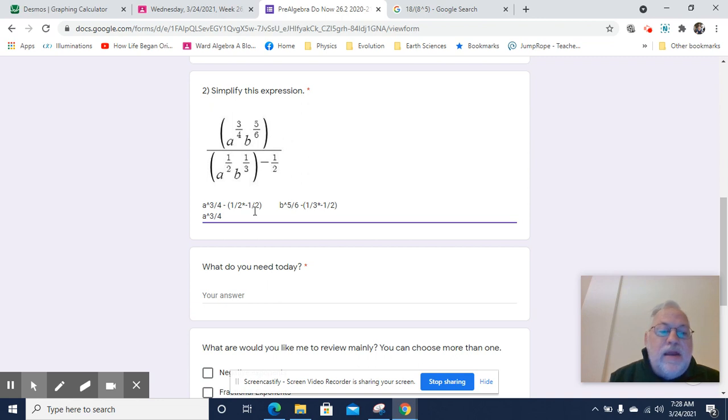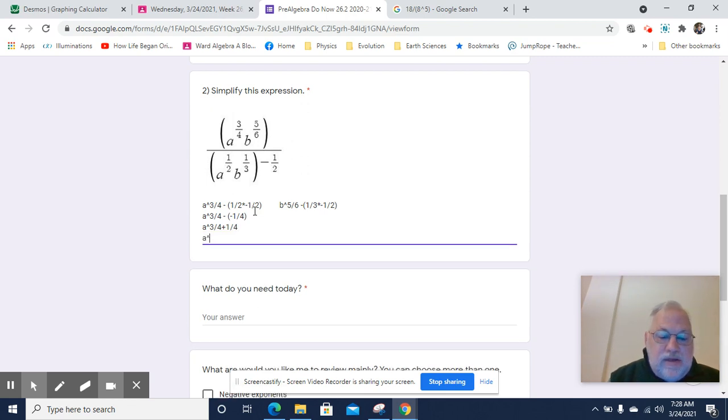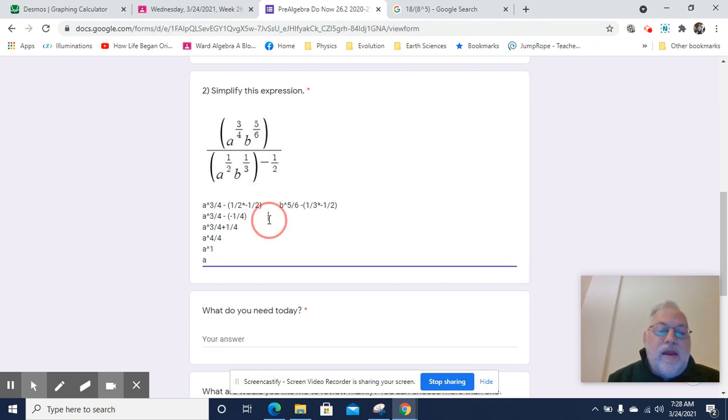So that's going to be minus negative 1/4. That'll be A to the 3/4 plus 1/4, which is going to be A to the 4/4, or A to the 1st. It's just A.